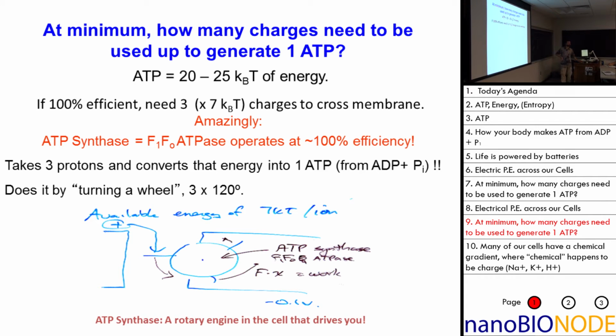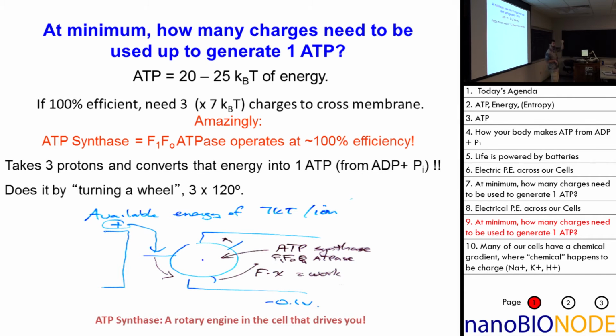So what this is saying is, if you're 100% efficient, you're perfectly able to capture this energy, you need about 3 electrons to cross the membrane, because you want 20 to 25 kT, and 3 times about 7 is about equal.